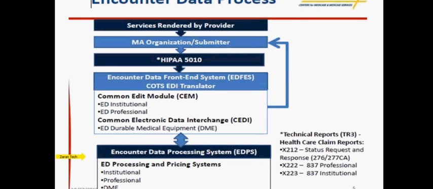And what happens at these levels, level 1 and level 2, if there are issues? What I'm listing on the right side is what status reports are generated if there are any issues. So technical report 3, right? This is a piece of documentation which we need to refer to for the details. But there are also status requests, 276 and 277.